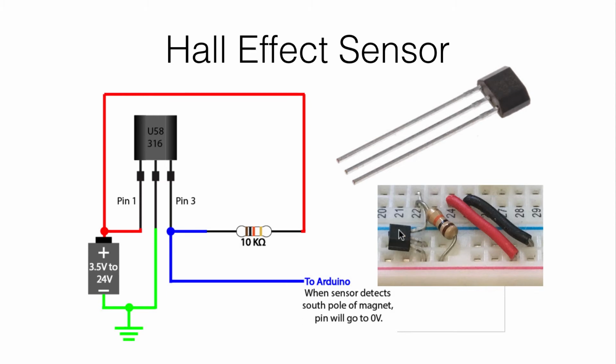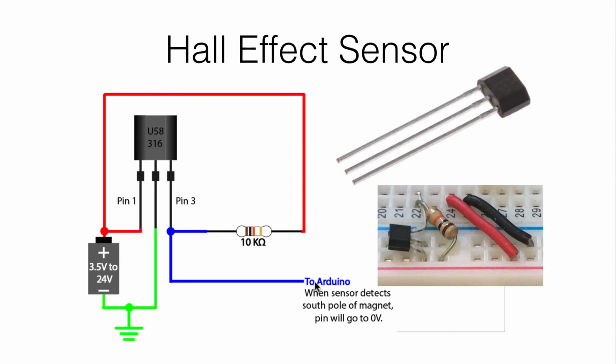And the circuit is really simple. Apply some battery power to a Hall effect sensor, and in this particular case, this U58-316, you put the positive on pin 1, you put ground on pin 2, and pin 3 will give you a voltage that varies depending on what the magnetic field state is in the neighborhood of this little Hall effect sensor.